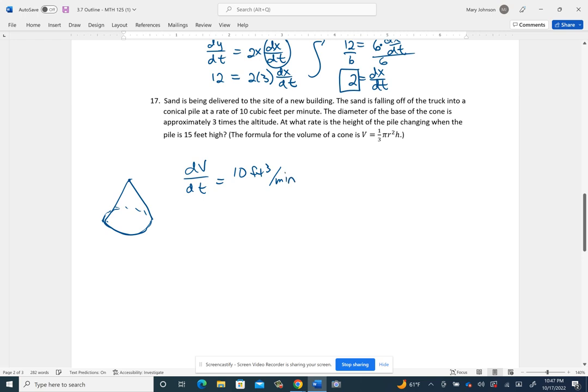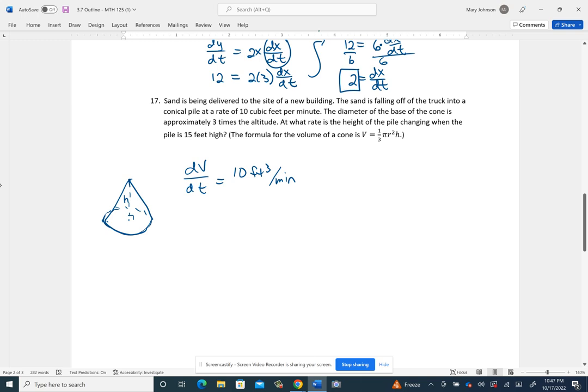Okay. Then it tells us that the diameter of the base of the cone is approximately 3 times the altitude. So just some terminology. The altitude is the height of the cone, like this, the perpendicular distance from the top to the base. That's the height right there, the altitude or the height.